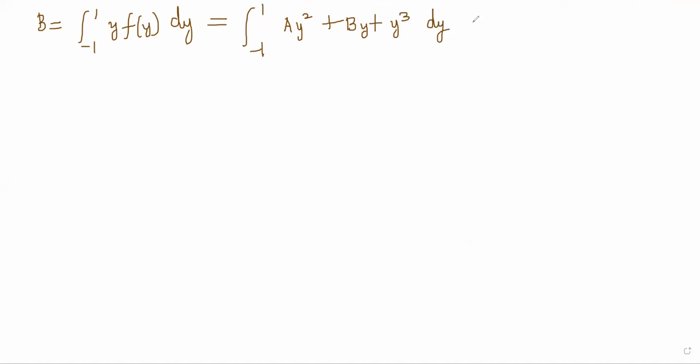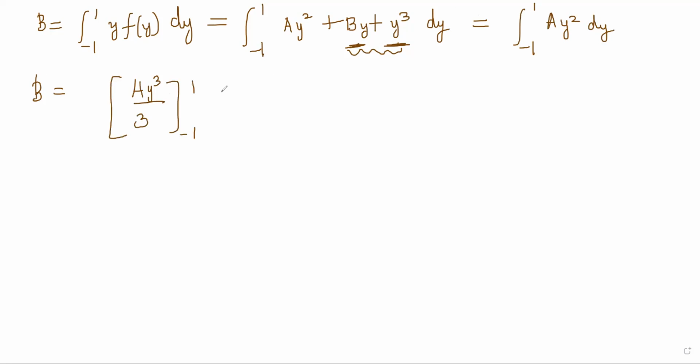And doing this integral, now all the odd functions will disappear, right? Because the integral from -1 to 1 of an odd function is equal to 0. So what we have is the integral from -1 to 1 of ay square dy, which will be equal to b, is equal to a y cube by 3 from -1 to 1, which will be a by 3 minus (-a by 3), so 2a by 3.